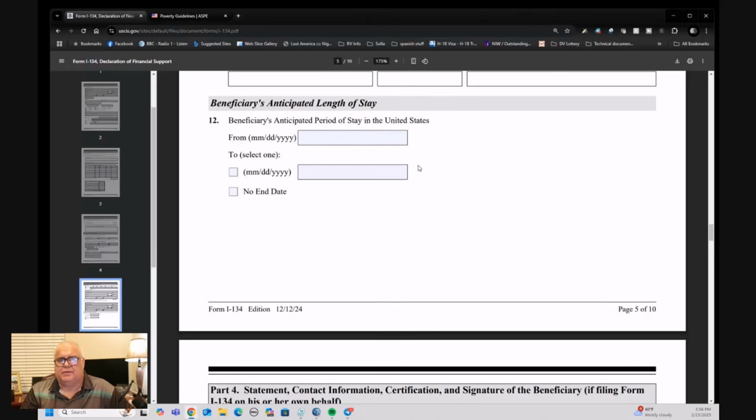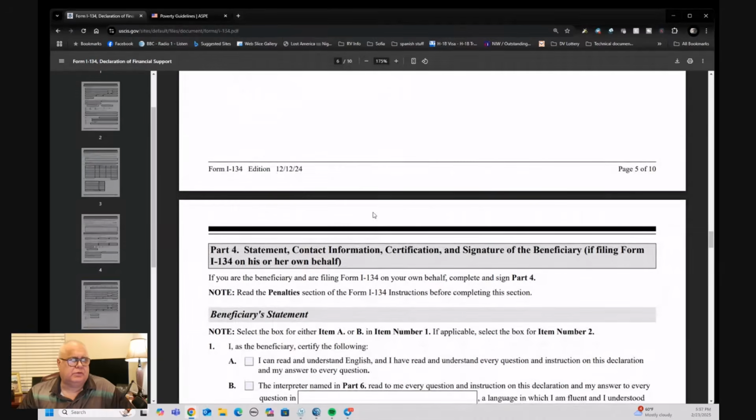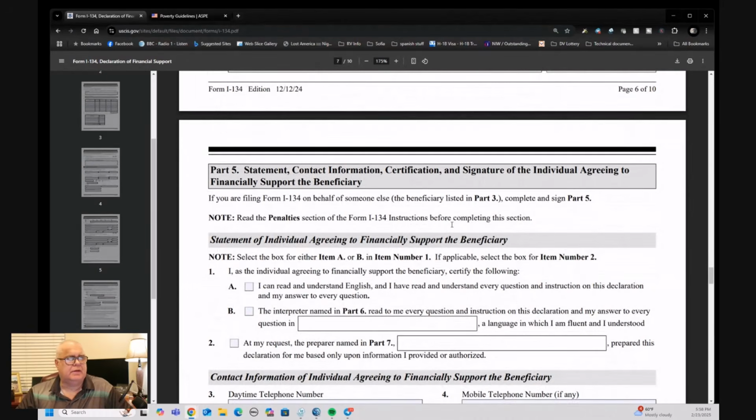So I'm glad they've made this change. It's made the form a lot easier to fill out. Please don't worry about it. I've had lots of people very worried, apparently, that there is no place to put the derivative children for the beneficiary. It's not necessary. It's a question that's no longer required. Okay, so nothing particularly exciting about that.